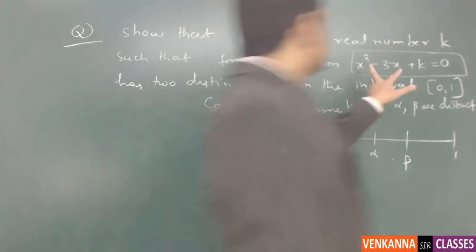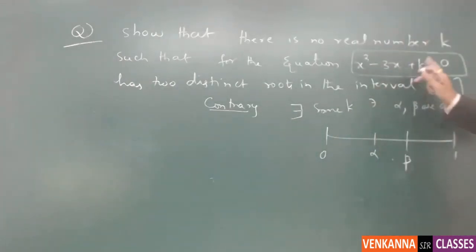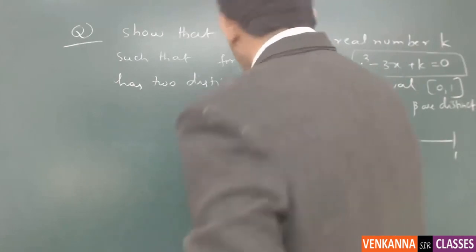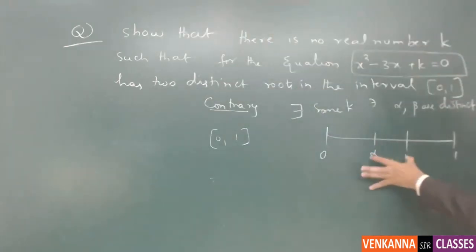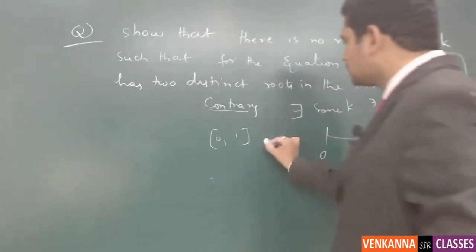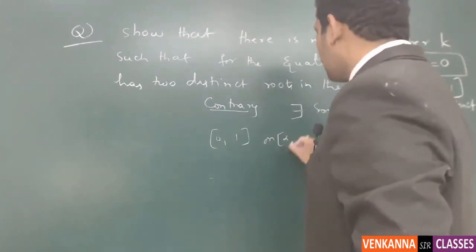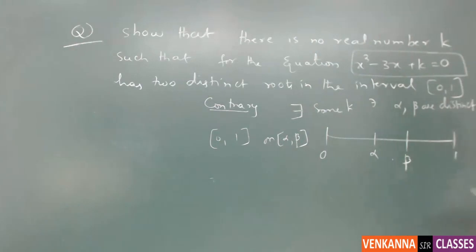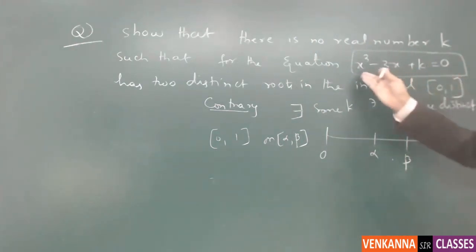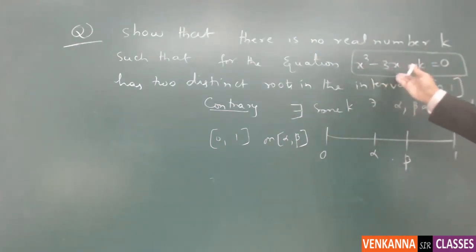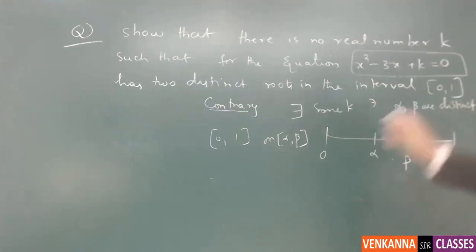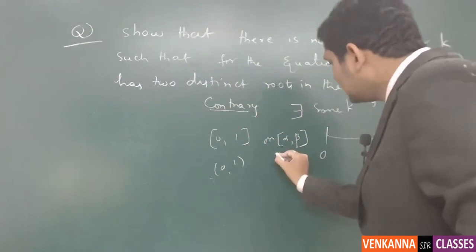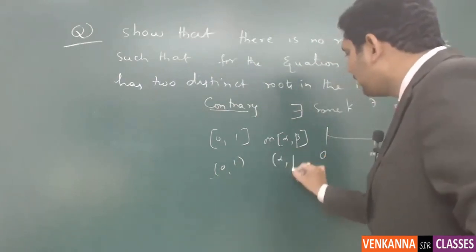Since it is a polynomial function, it is continuous on the given interval 0 and 1. Since it is a part of it, it is continuous on closed interval alpha comma beta also. Since you can find the derivative, because its derivative is 3x square minus 3, it is differentiable on the open interval 0, 1 and hence on the open interval alpha comma beta.